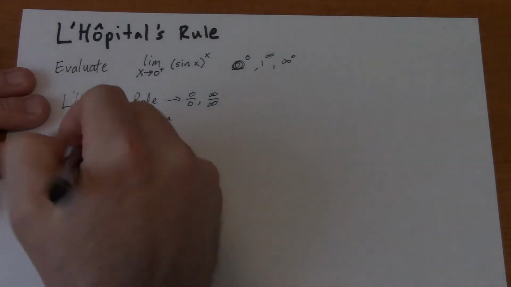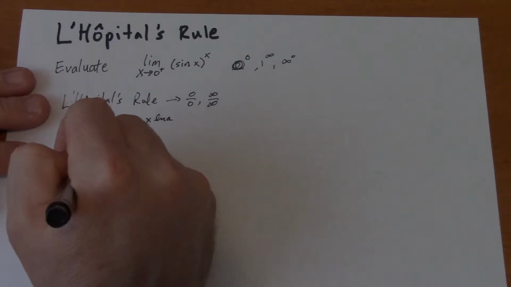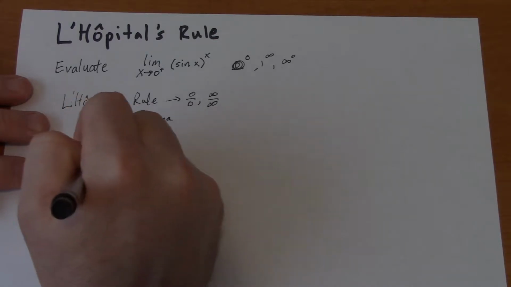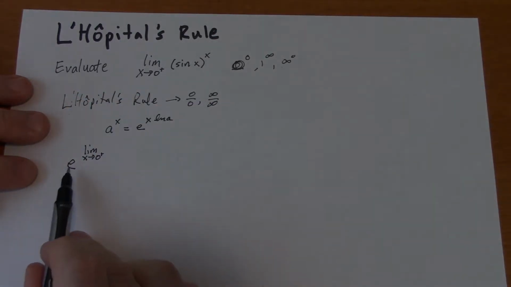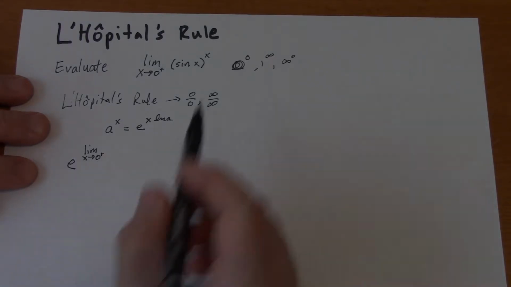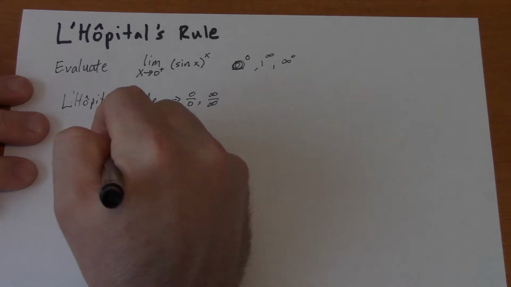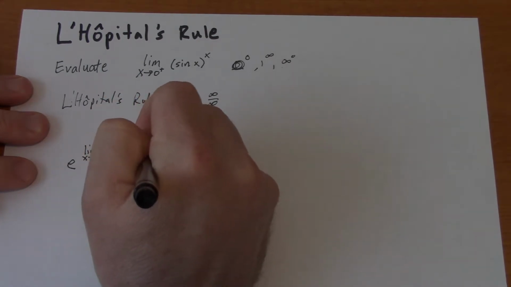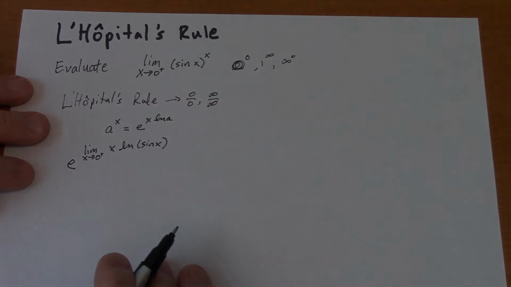So we're going to write it like this, and I'll explain why in a second. So we're going to say e to the limit as x goes to 0 plus, okay, and the x stays x, and we take the natural log of the base, so that's natural log of sine x.